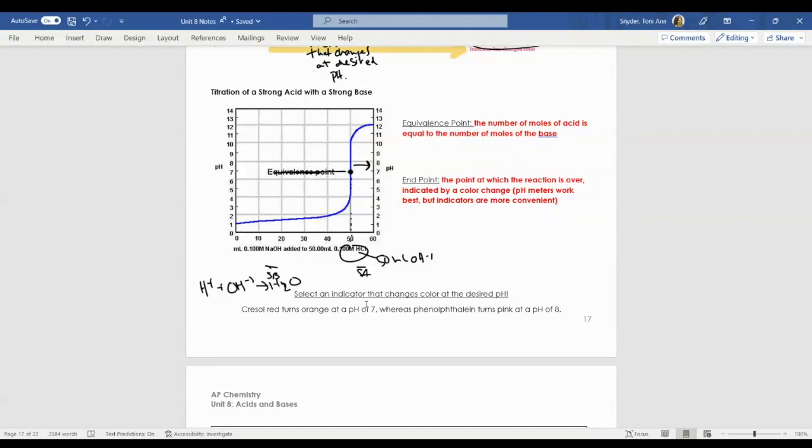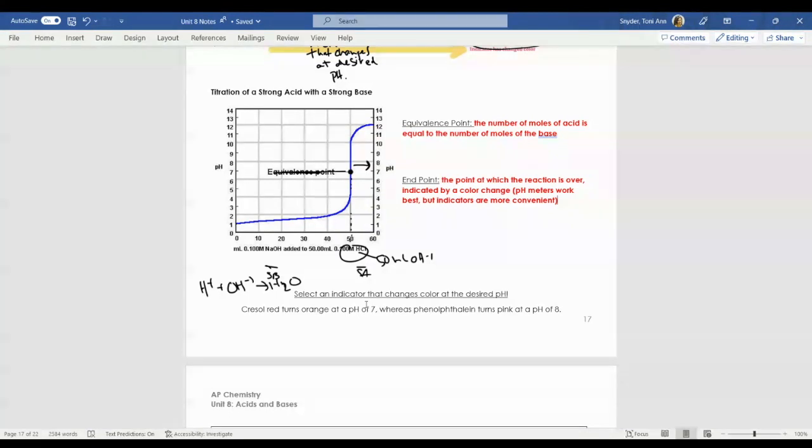A lot of times that particular reaction will have its equivalence point at around 8. And that's why phenolphthalein is so prevalent when we are doing titrations, because phenolphthalein changes at a pH of around 8, which is normally where we want to signal that the reaction is over.